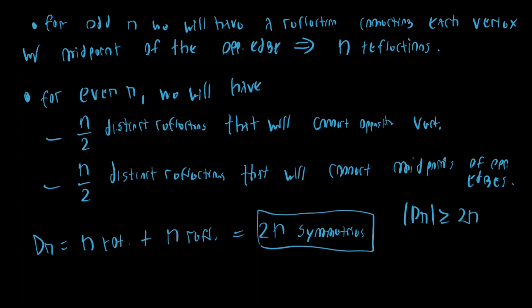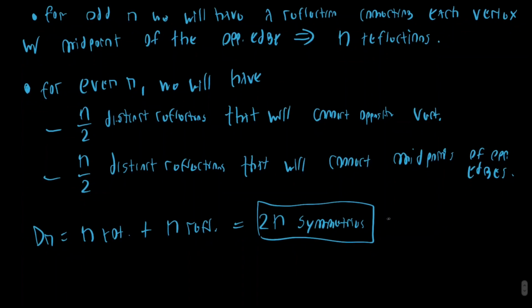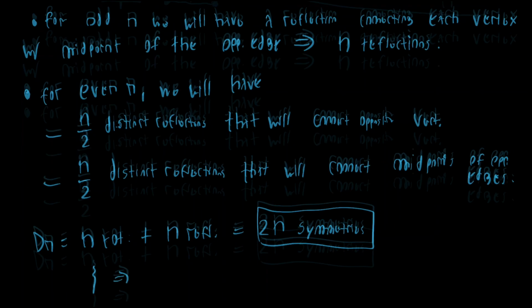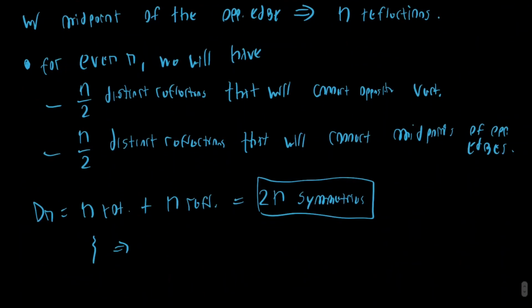And all the stuff that we talked about in these last lines implies that the order of Dn is precisely 2n. And this concludes the proof of the theorem.